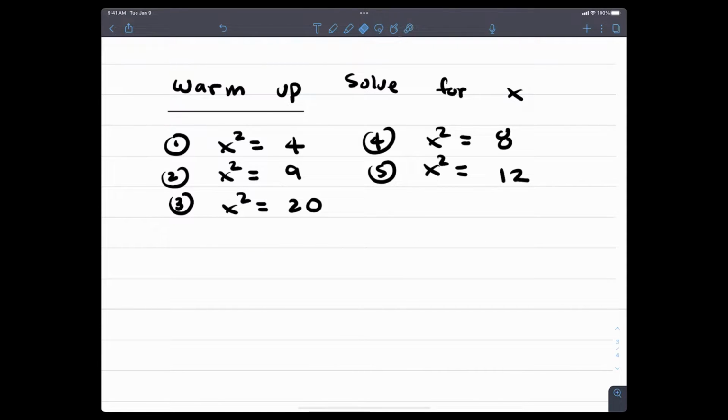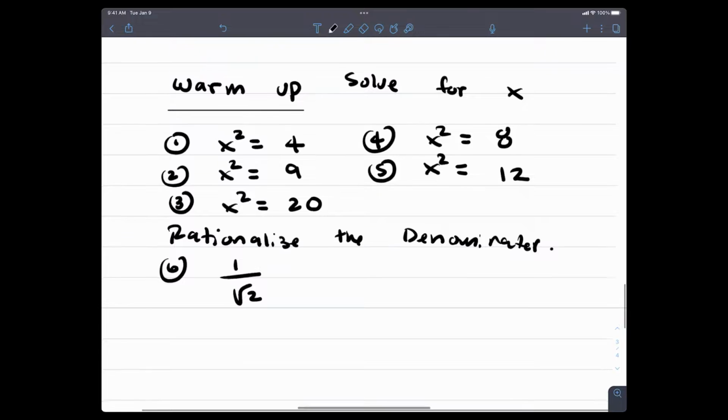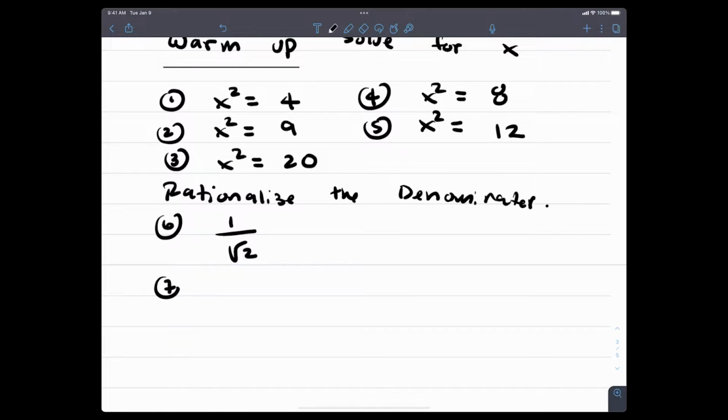I'm going to say this: rationalize the denominator. Number 6, 1 over the square root of 2. Number 7, 1 over the square root of 5. Number 8, 3 over the square root of x. And number 9, 4 over the square root of y.